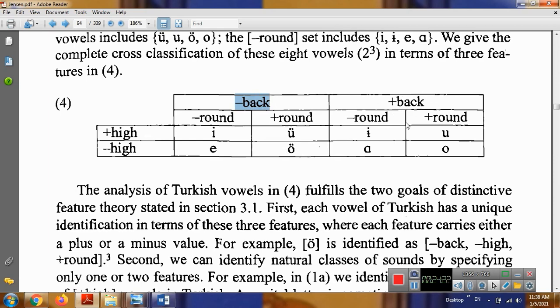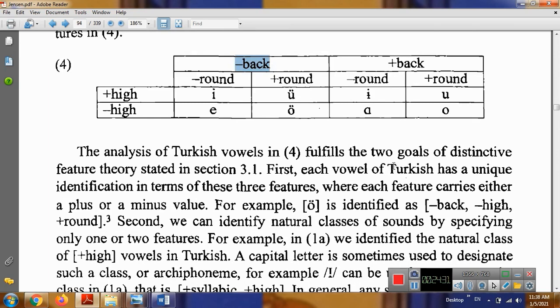And when we say plus back, we mean such a vowel. By natural class you introduce the vowels instead of mentioning all members. You should know the natural class.